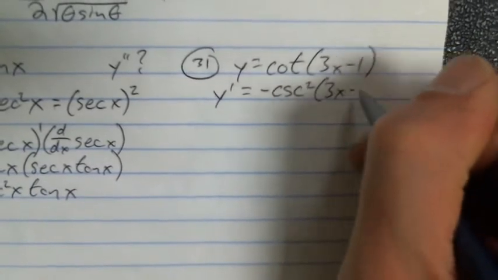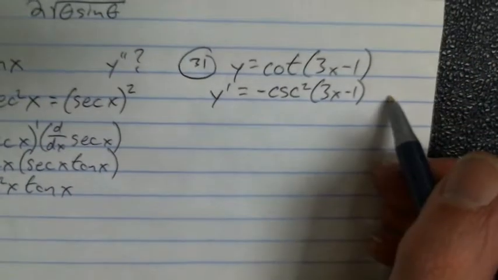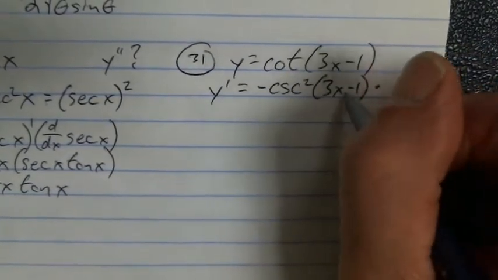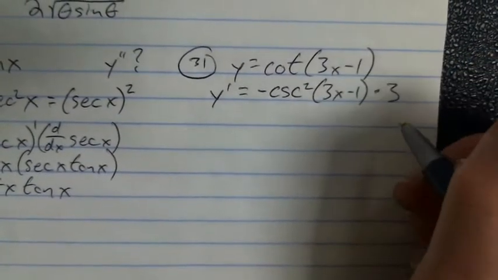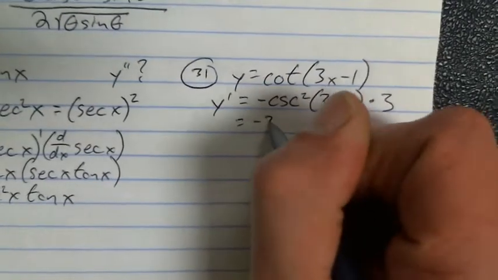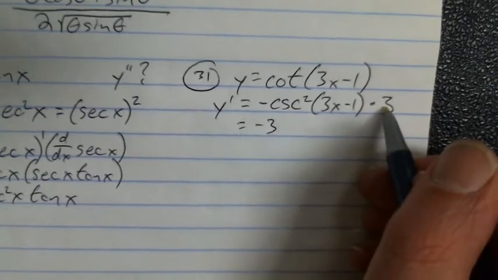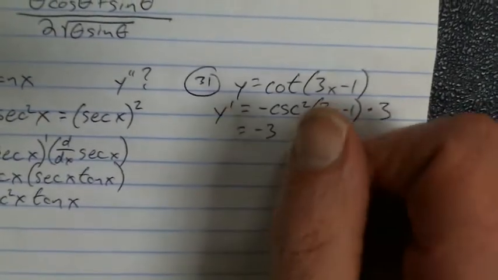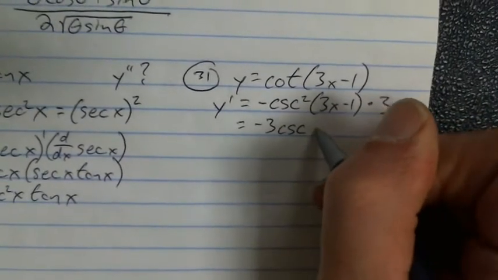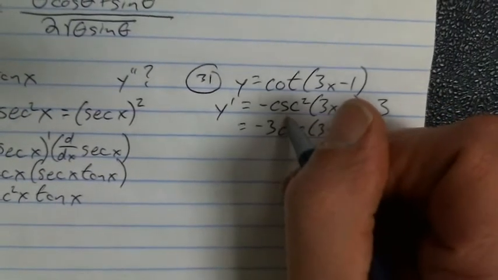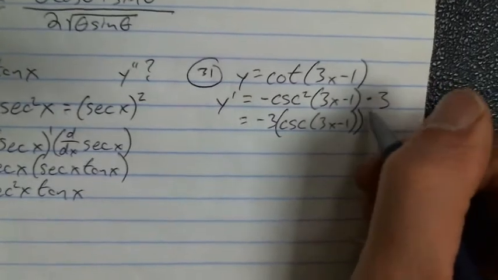Keep the inside the way it is. Then after the fact, we're going to differentiate this. The derivative of 3x minus 1 is just 3. So that's going to be negative 3 cosecant squared of 3x minus 1. I'm going to write this squared up top. So let's write that cosecant of 3x minus 1, all of that squared.